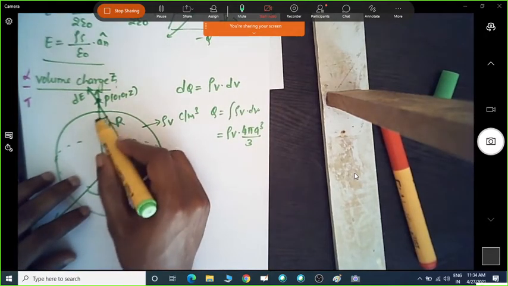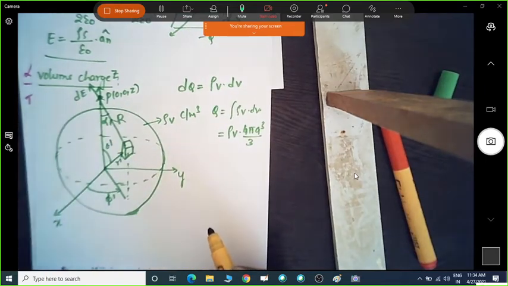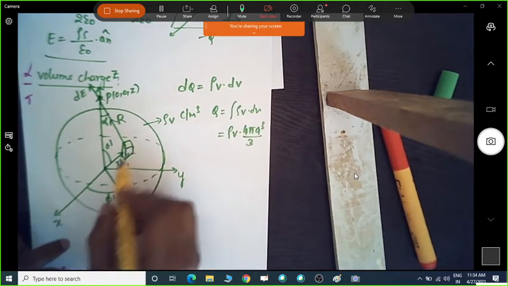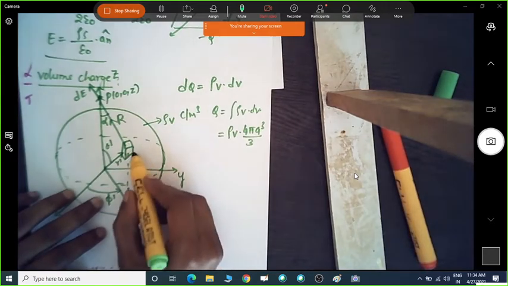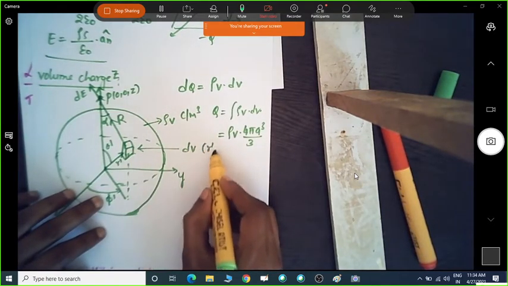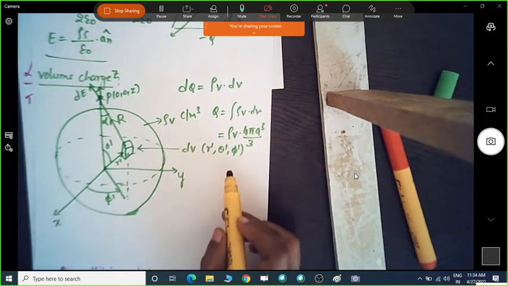We can use this angle to calculate the elemental electric field dE due to this small elemental volume. We can represent this small elemental volume with respect to the spherical coordinates r dash, theta dash and phi dash.